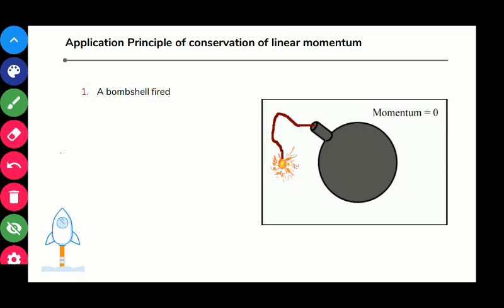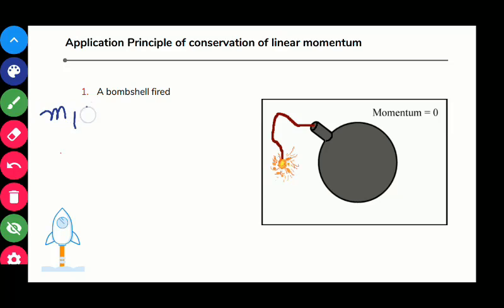Right? Now if they are fixed at their position, we can take u1 equals 0 as well as u2 equals 0, and we will put the values in the mathematical expression of the principle of conservation of linear momentum. I am writing that expression again.